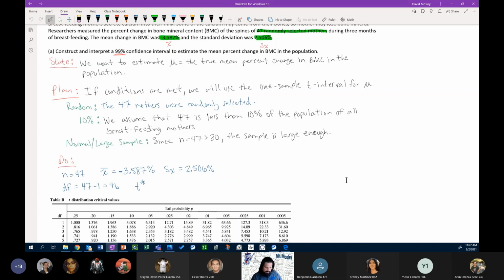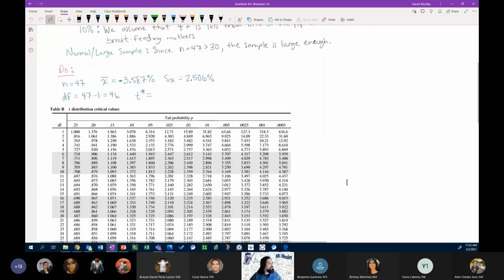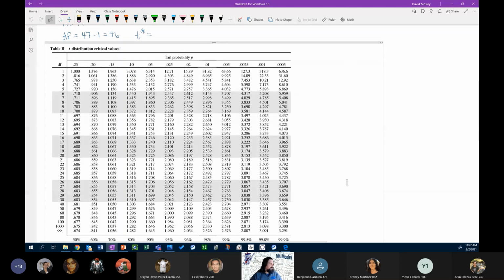So we have our degrees of freedom here. We need to find that on table B. And again, notice 46 is not on table B, and we can't go over 46. So we're going to have to use 40. We're going to just go through and highlight all of this row. And we want a 99% confidence interval.